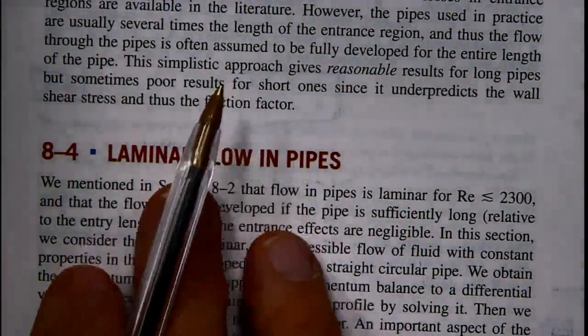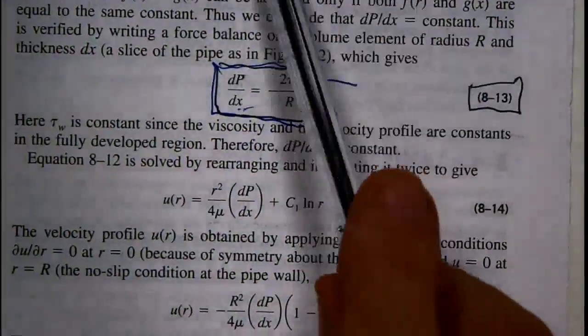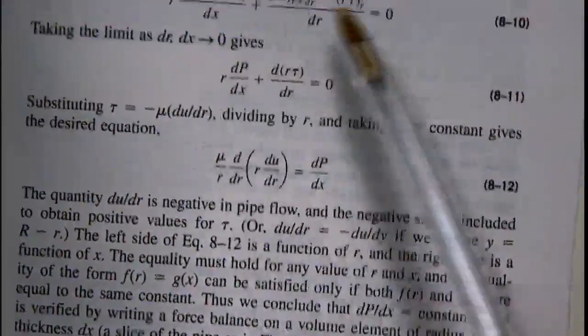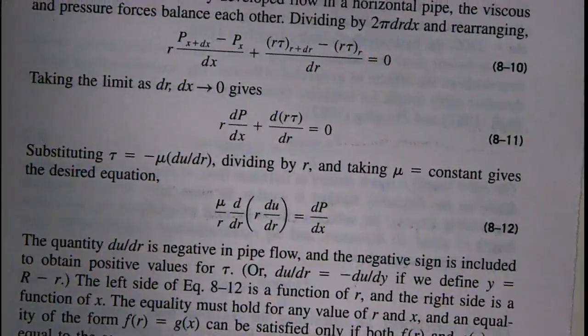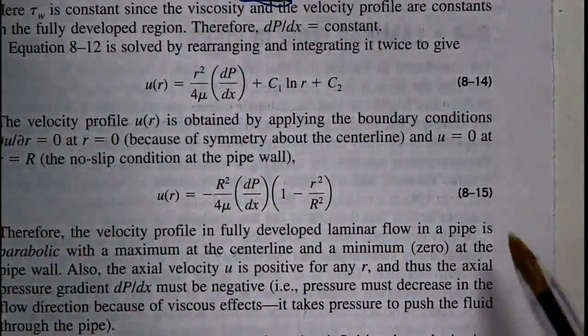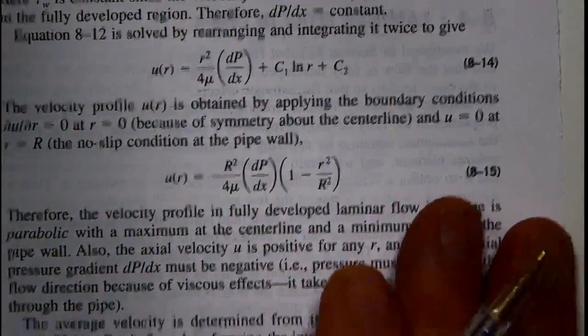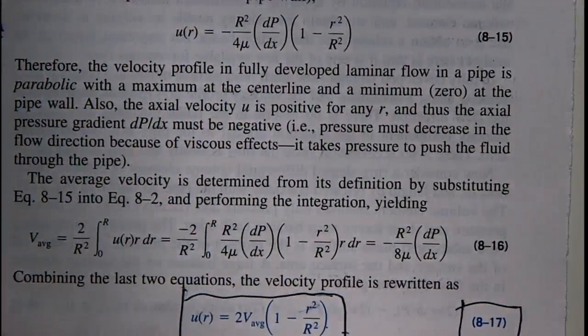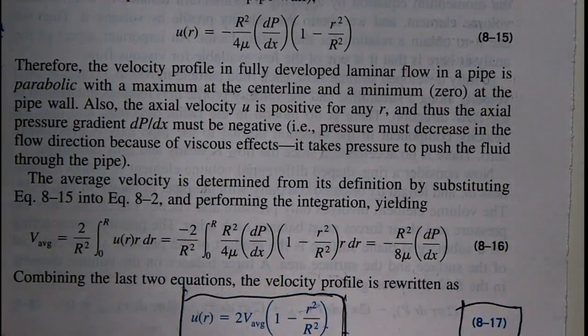One's laminar flow, and this is laminar flow equations, right? And then you have turbulent flow equations. But anyway, you can go through this if you want, but I'm not going to require you to learn this. It's all a bunch of footwork. The kicker is right down here. This velocity profile, parabolic velocity profile. Very famous velocity profile.